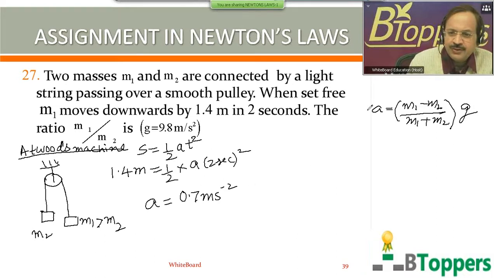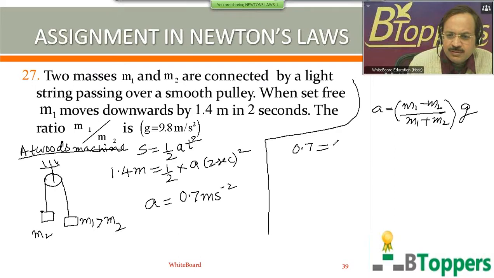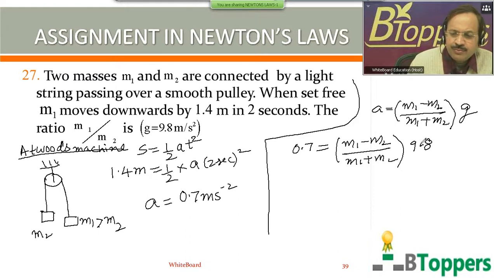We'll substitute this value of a in this equation to find the ratio of the masses. Substitute acceleration a equal to 0.7 meter per second square on the left side, and g equal to 9.8 meter per second square on the right side. Units of acceleration get cancelled.